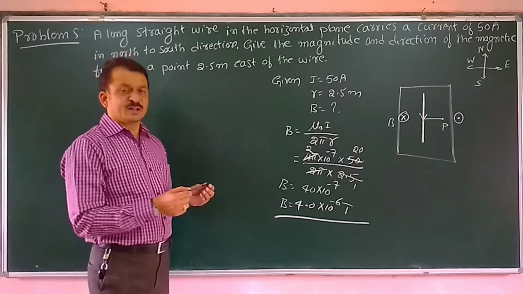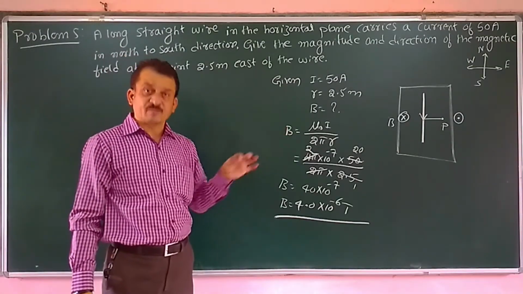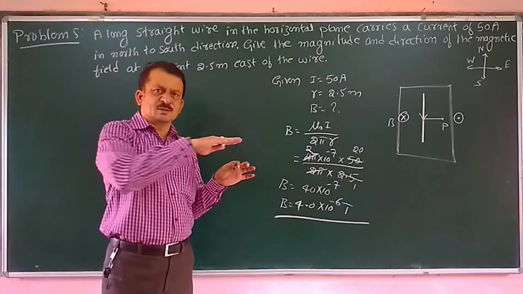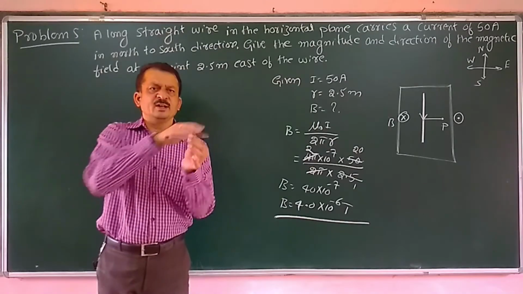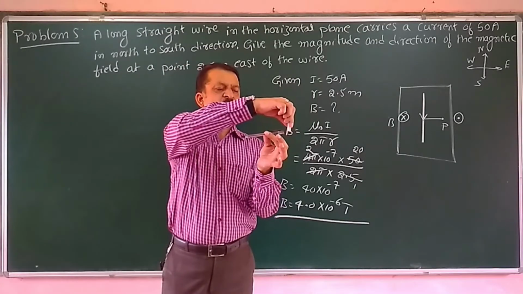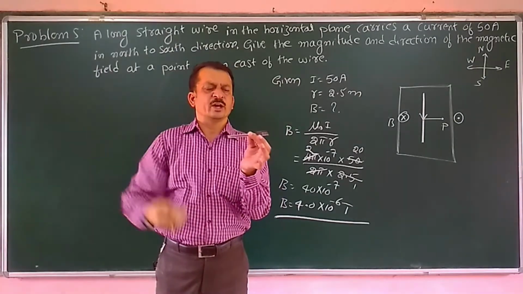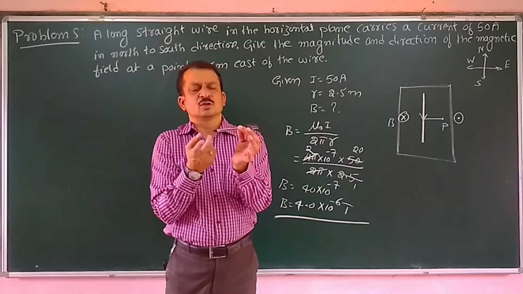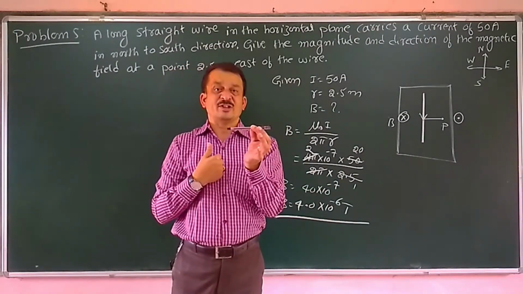But since in the problem they have placed the conductor in a horizontal plane, now this is the horizontal plane, and this is the current carrying conductor. If I take this as the north and this as south, north to south direction current is flowing. Now this side, your side, is east and my side is west.